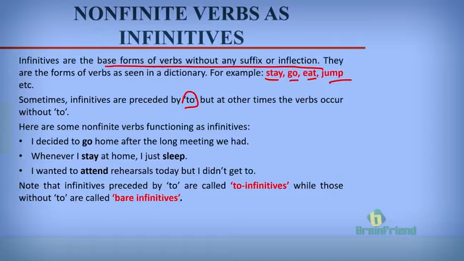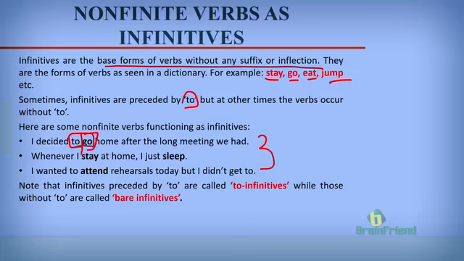For example, here we have sentences where some non-finite verbs function as infinitives. The first one says, I decided to go home after the long meeting we had. Note that here we have to go. Whenever you find to in a sentence preceding a verb, that verb is usually an infinitive.